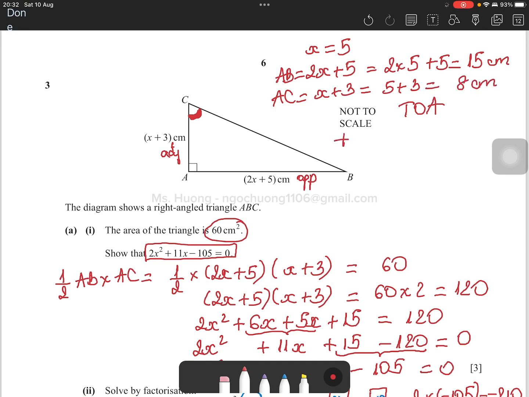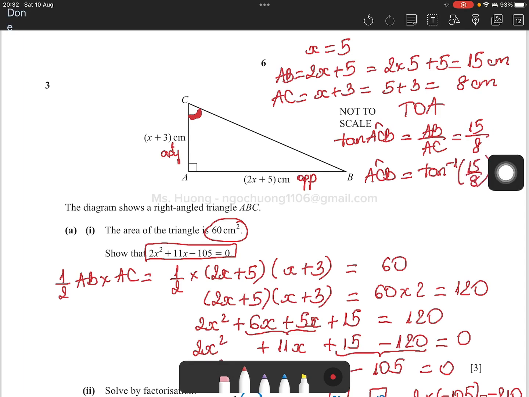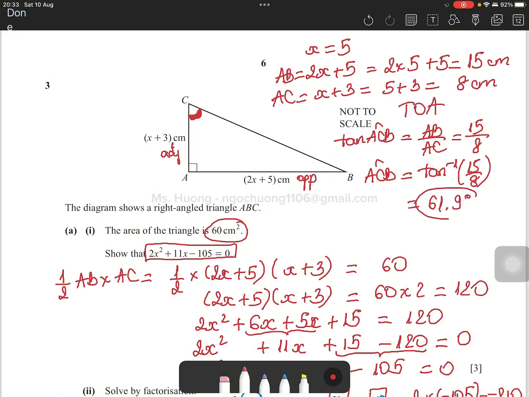And tan of the angle ACB is equal to opposite over adjacent, which is 15 over 8. So the angle ACB is equal to the inverse tan of 15 over 8, which is 61.9 degrees. This is the answer for the third question.